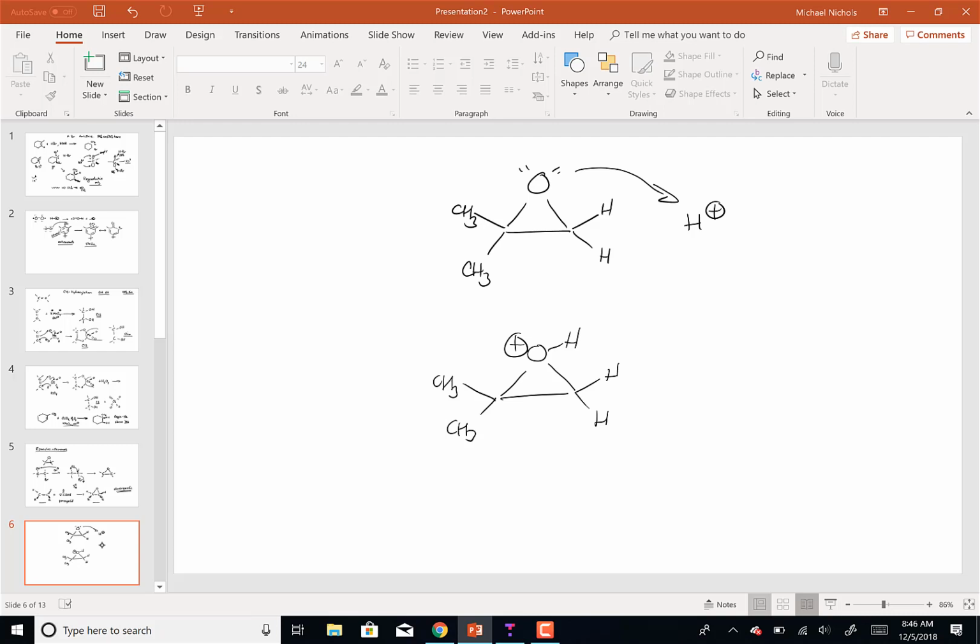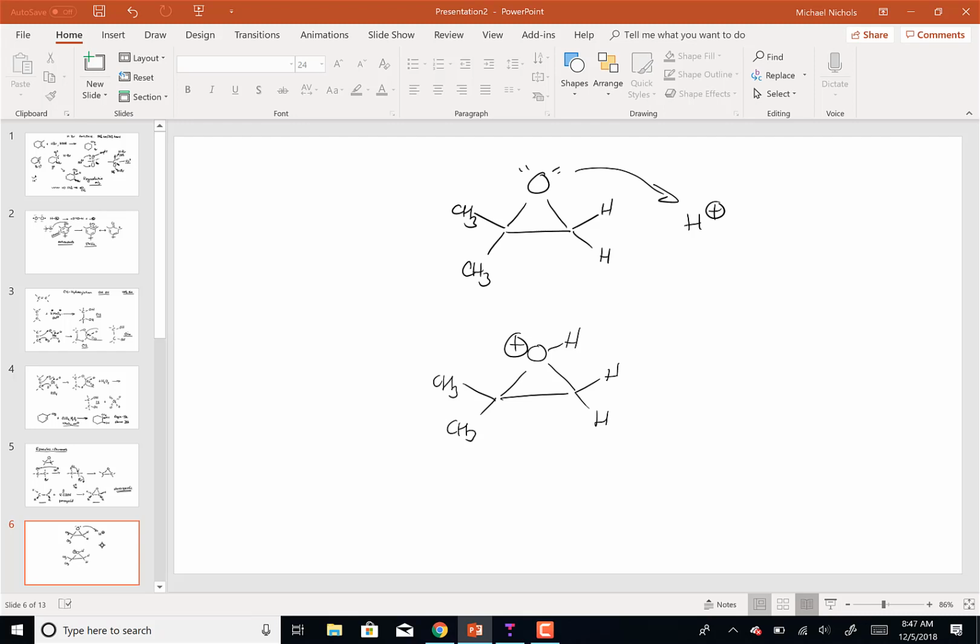What's it look like? Two possibilities. Triangle with a plus charge at the top. Could be this or it could be that. It looks like the intermediate of the mercuration that we talked about a long time ago, which was Monday.